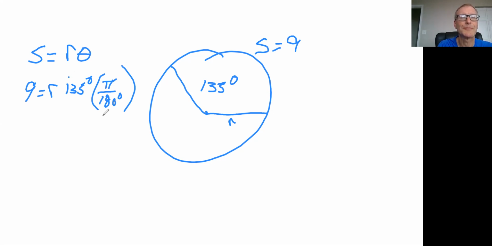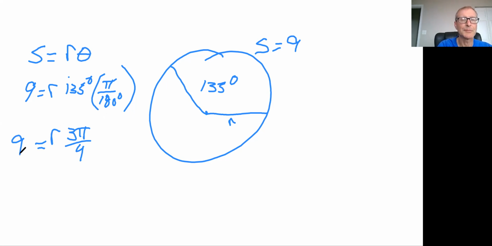What is 135 over 180? I believe 45 goes into 135. 135 divided by 45 is 3, right? So this would be r times 3 pi over 4 equals 9.